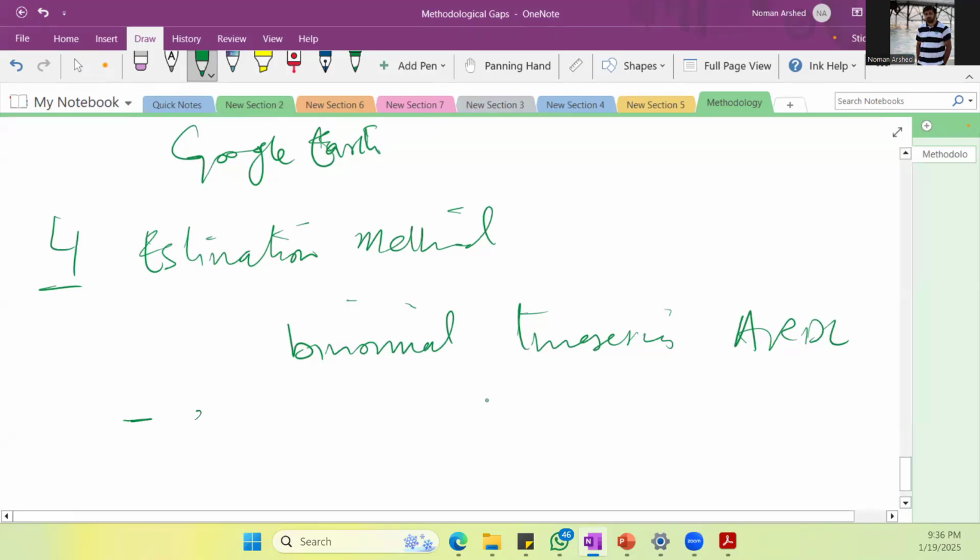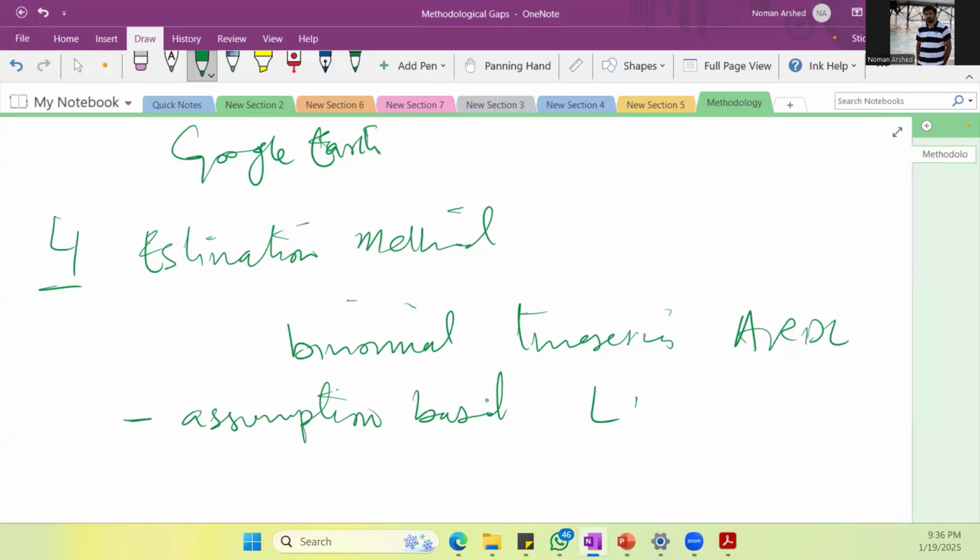First is the assumption based. Assumption based is that you apply the OLS method. So people have used a dependent variable as a binomial in the OLS regression, and based upon that logic, you say that since my variables are non-stationary, you apply ARDL.